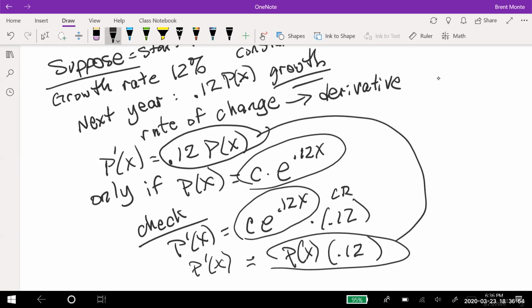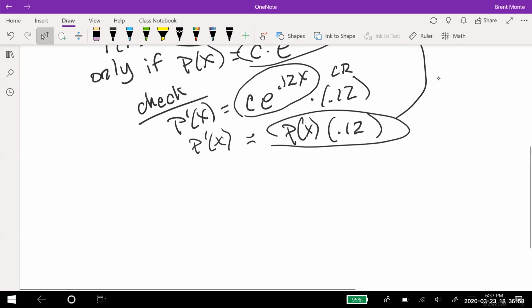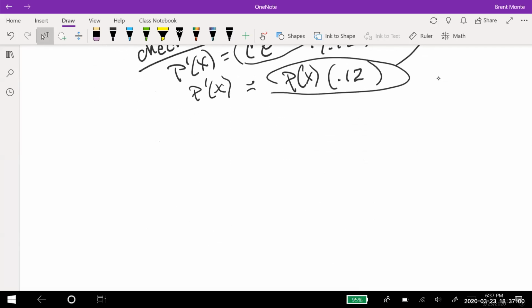So in general, we generalize this, of course. And let's use the notation that the book uses. Let's put it in two different forms. We'll use Newton's notation and Leibniz notation. So if we have the derivative f prime of x, here's Newton's notation, is equal to some constant k times f of x.